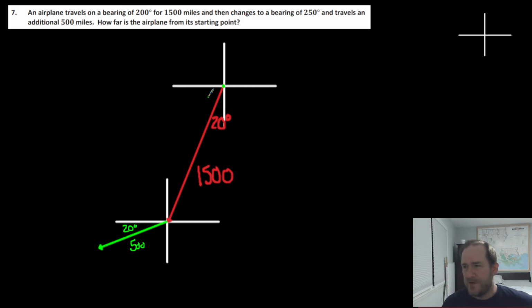It is in your best interest to know how to find both, so think about that. And again, this problem is only asking how far is the plane from the starting point, but you know that we definitely want to solve the other thing. What are the headings from ship to port, port to ship?